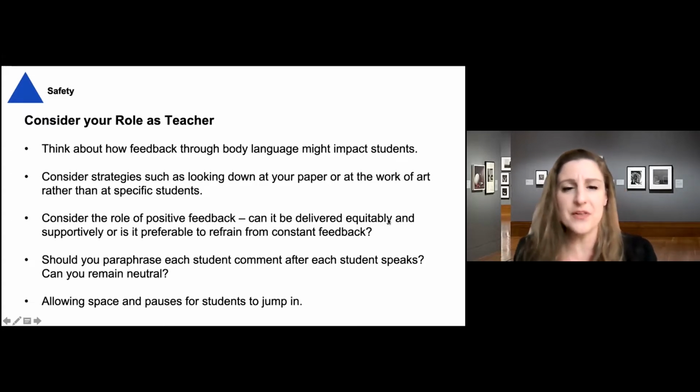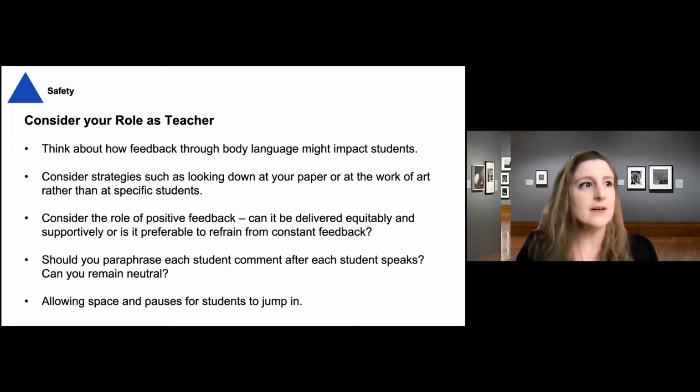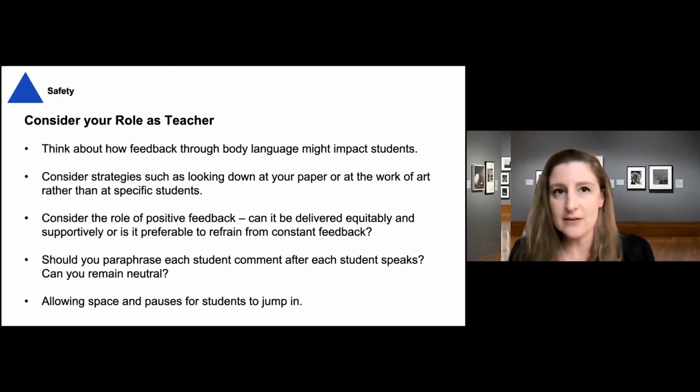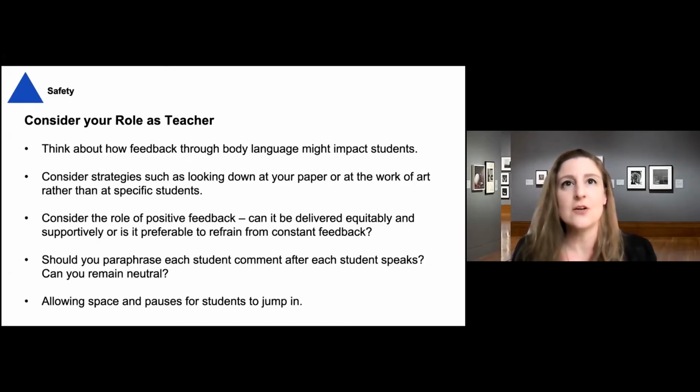So for example, think about how your body language is impacting students feeling successful in a discussion. Are you following each speaker with your eyes, or perhaps you're just looking down at your paper and taking notes or looking at the image that you're discussing? Sometimes there's the risk of unconsciously looking more or differently at different students.